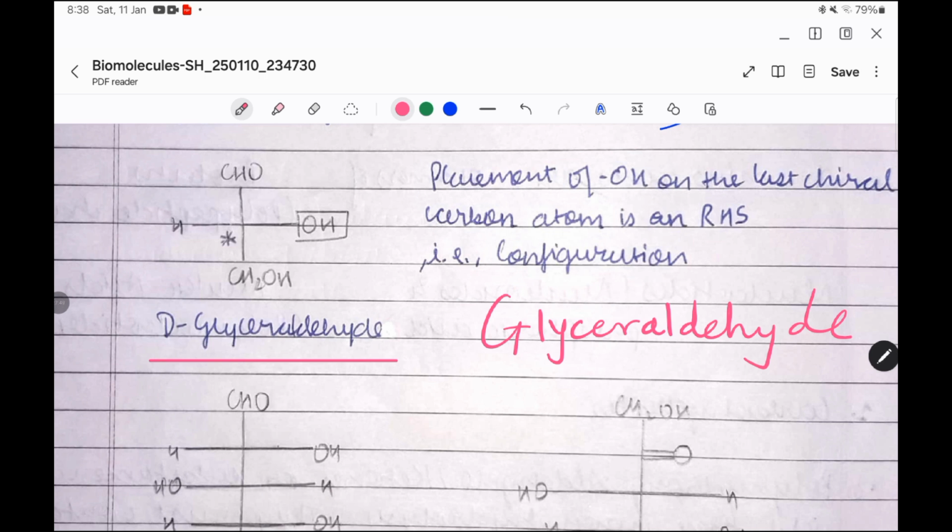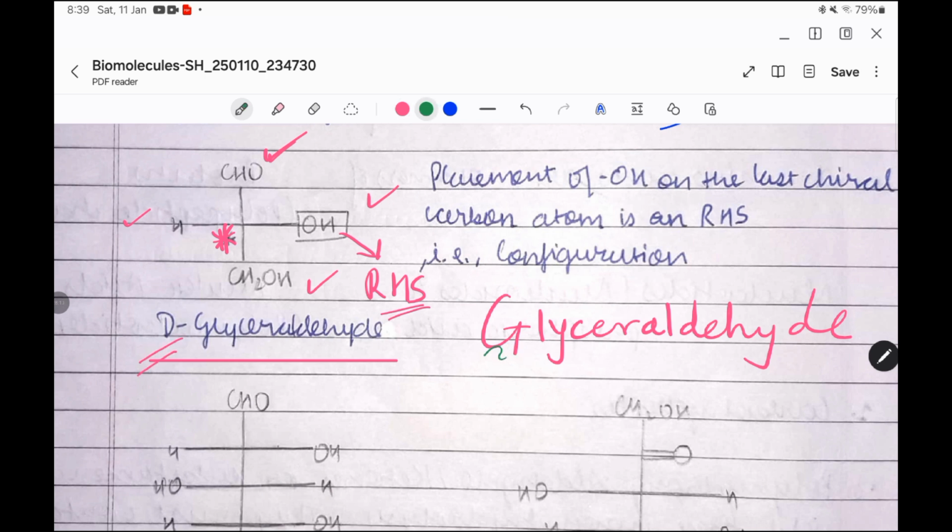In this glyceraldehyde, you can see there are 4 different groups: CHO, CH2OH, OH and H. This carbon atom is a chiral carbon atom, and you can see that the hydroxyl group is enclosed in a box and placed on the right hand side. Whenever the hydroxyl group on the last chiral carbon atom is written on the right hand side, that kind of sugar will be called D sugar.